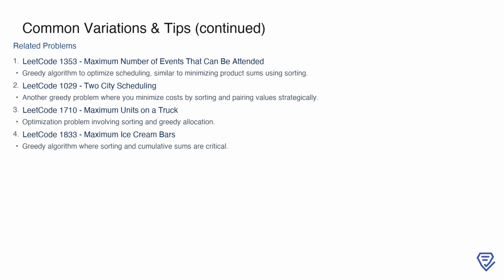This type of problem is closely related to several other optimization problems that use greedy algorithms. For example, in LeetCode problem 1353, you aim to maximize the number of events you can attend by scheduling them strategically, which is similar to minimizing the product sum using sorting. Another example is LeetCode problem 1029, two-city scheduling, where you minimize travel costs by carefully pairing values.